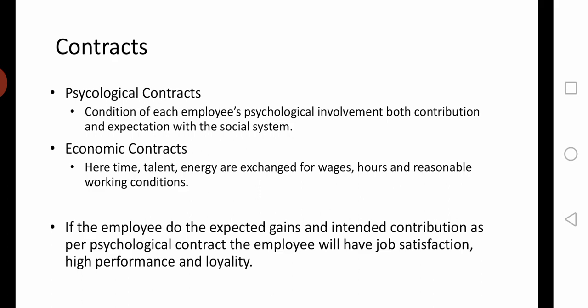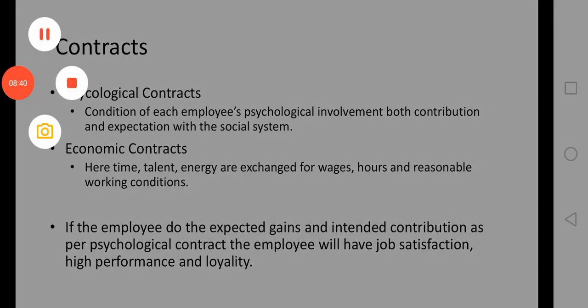If the employee gets the expected gains and makes the intended contribution as per the psychological contract, the employee will have job satisfaction. And if he is satisfied with his job, this makes his performance high and brings loyalty.